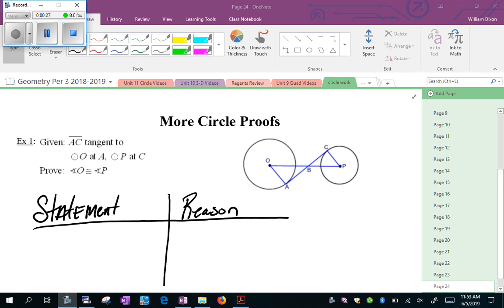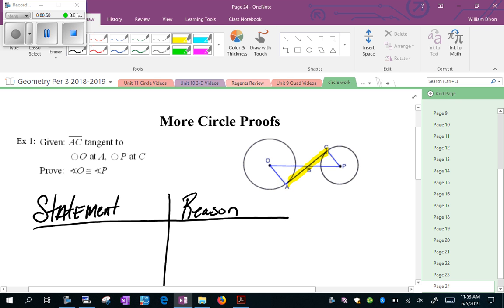All right, so number one, it says given line AC is tangent to circle O at A and circle P at C. We need to prove that angle O is congruent to angle P. And what we're going to do is let's mark up what we have. So what we have is this line AC, do a little highlighter.